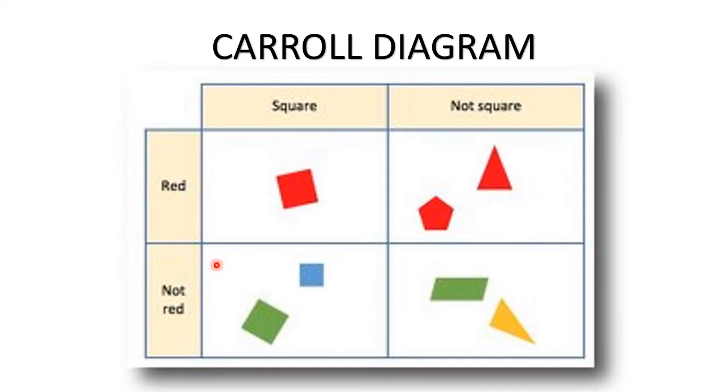So here we have a square that is red. Here we have shapes that are not squares and red. Here we have squares that are not red. And here we have not squares, not red.